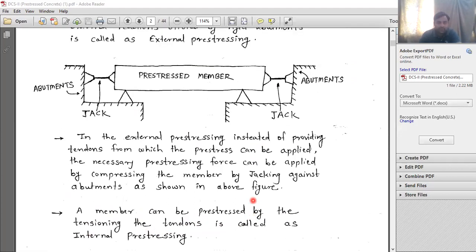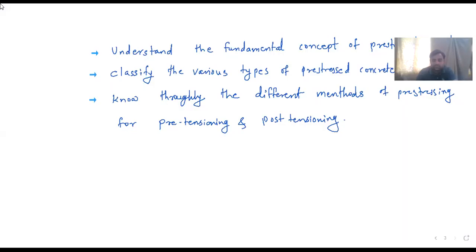So internal prestressing and external prestressing. I will tell you once again here on this whiteboard. See, generally, if I draw the diagram, this is the beam.